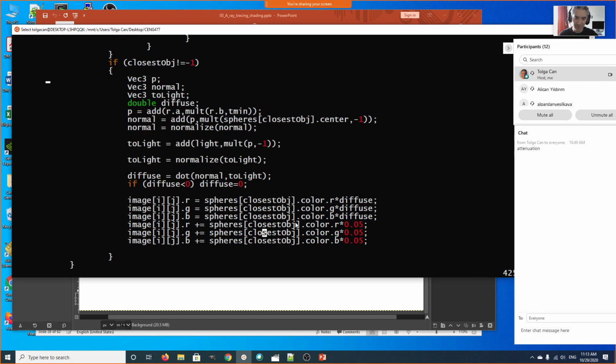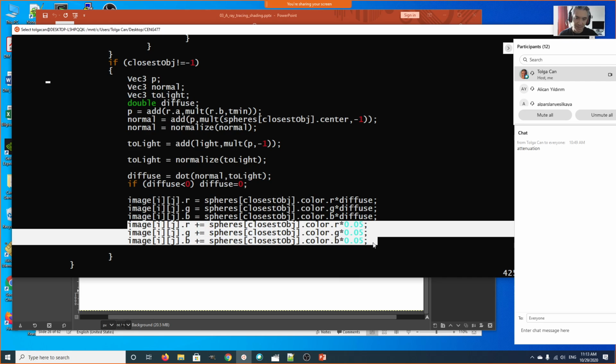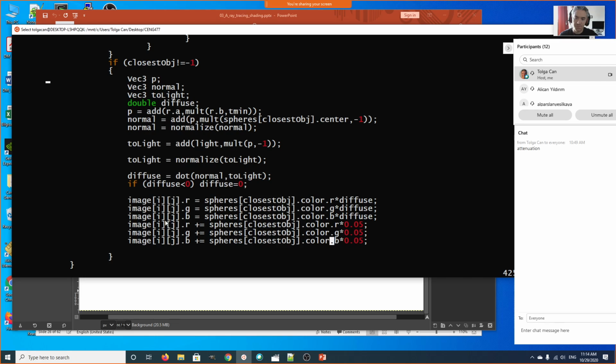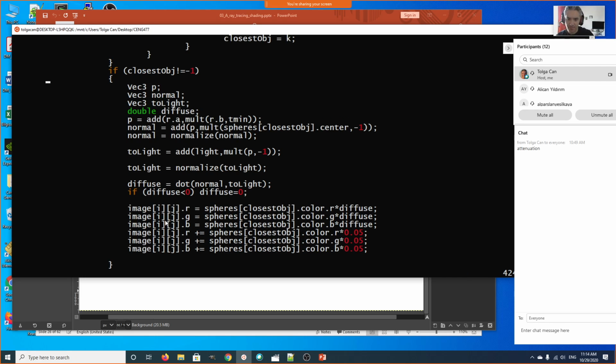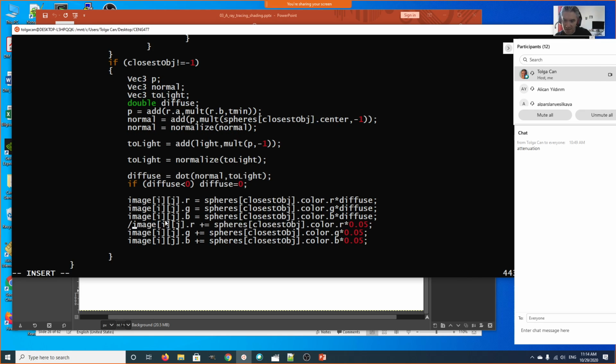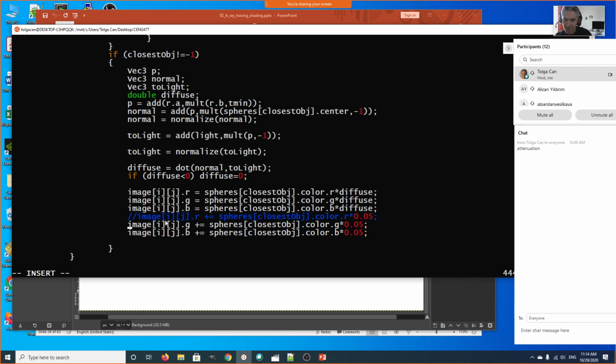But if you look at this, the ambient color says just add a small amount of RGB so that the surface points that do not see the light directly should not appear pitch black. If you comment these out, you're going to see the effect of ambient light.